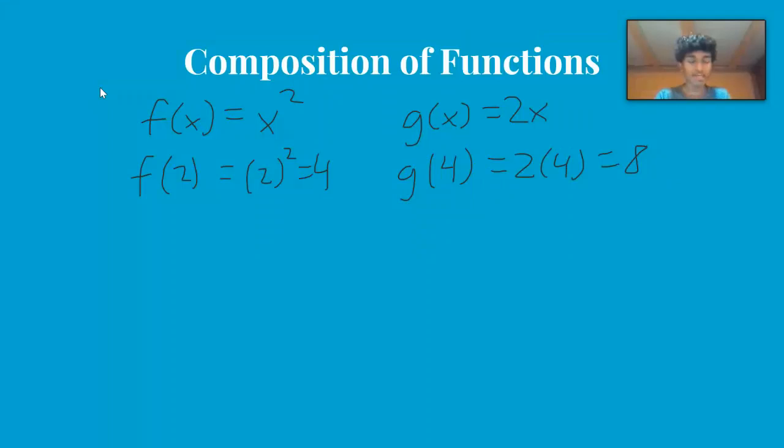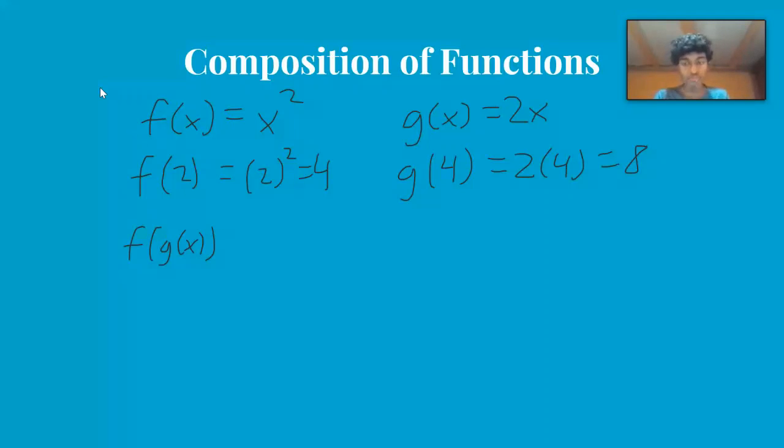But what if our input wasn't a numerical value, but instead it was a function? For example, what about f of g of x? How would we go about solving this? Well, it's the same thinking process as inputting a numerical value. When we inputted 2, we replaced all instances of x with 2.